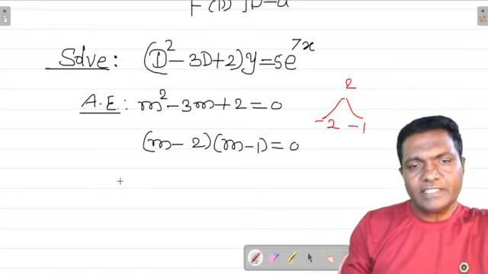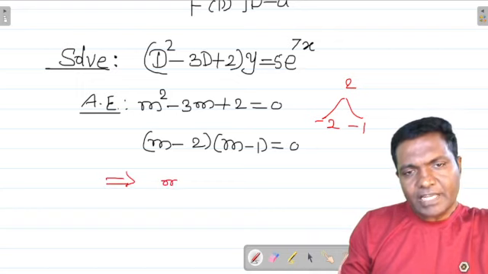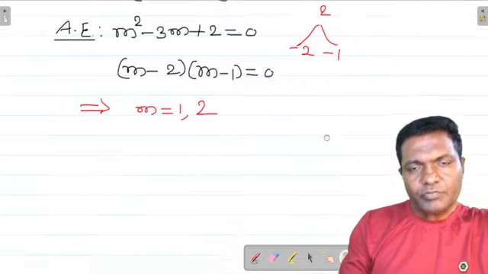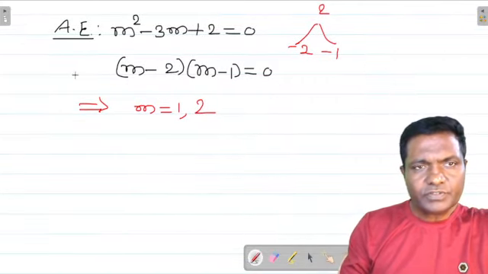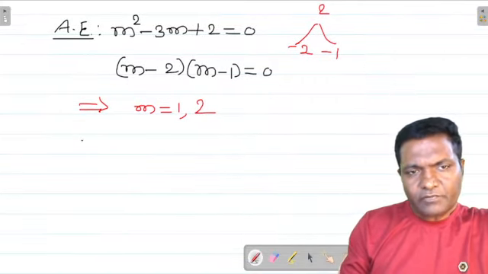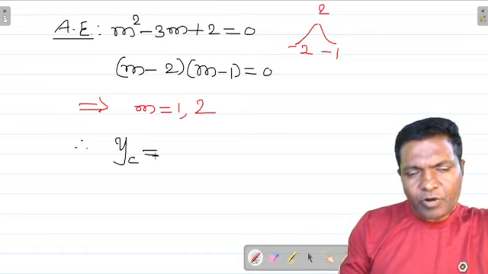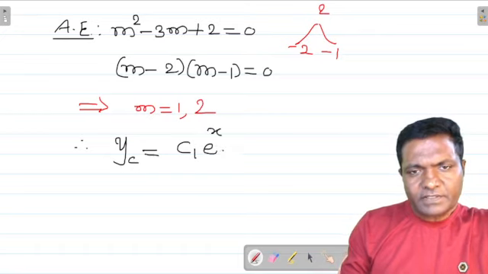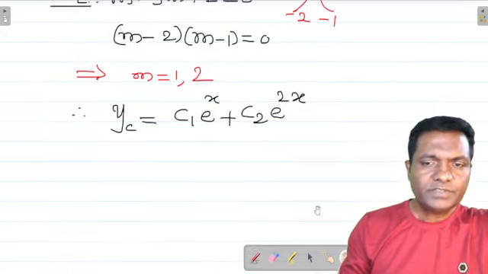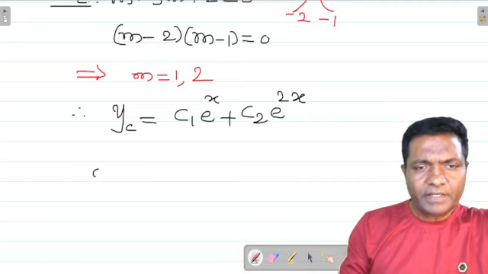So you can write directly, the roots are m is equal to 1 and 2. You may use your calculator to find the roots. Therefore, here the roots are distinct, so your complementary function yc is c1 e power 1x plus c2 e power 2x. Now we need to find yp.